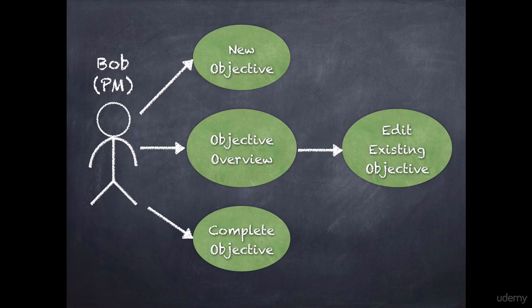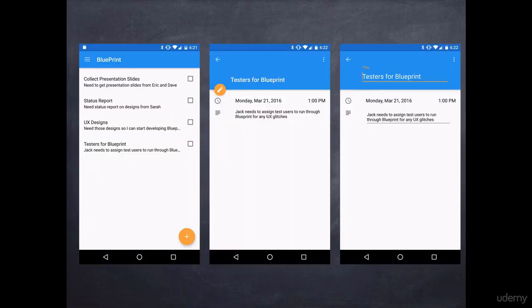And Bob would obviously also like to complete an objective. When an objective is complete, you can just say, "Oh, this objective is complete," and maybe we even give the functionality so that Bob can look at previous completed objectives. And we're actually going to do this. Here are just some of the screens, and these are taken as screenshots from the actual application when it's built and ready to go.